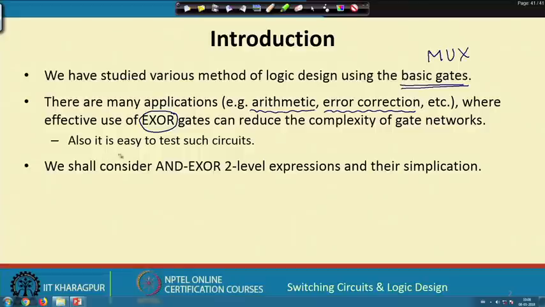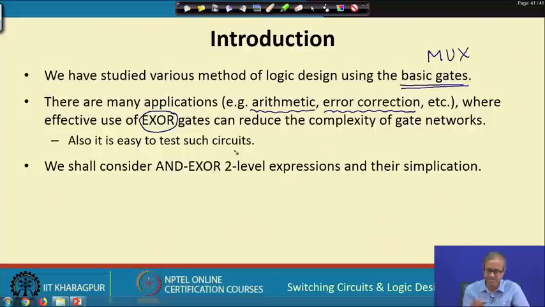Simple exclusive OR of all the bits will generate the parity. Okay? That was one example where XOR gates will be very efficient. Not only that, it is also very easy to test such circuits. We shall consider this AND and XOR kind of representatives in this lecture.